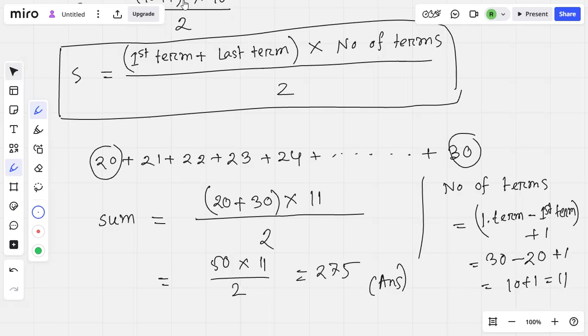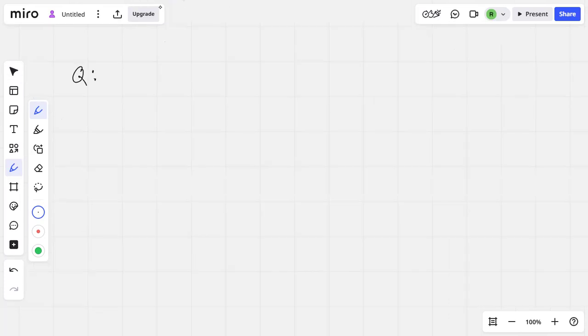Let's say the question is you are asked to find the sum of this series. It starts from 41 plus 42 plus 43 plus 44, and this goes on all the way to, let's say, 60. So this formula is very simple and we just execute that.